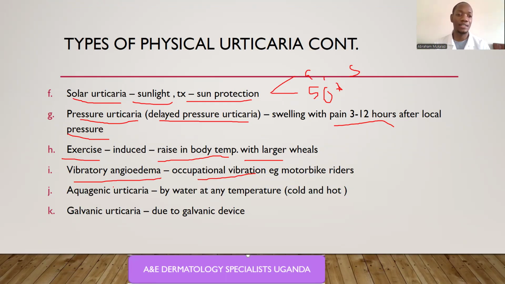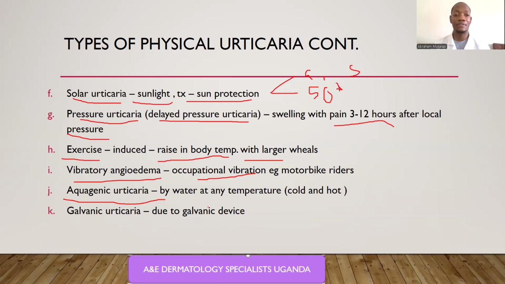Then for aquagenic urticaria, aqua means water. In this case, it is triggered by water at any temperature. So there is a difference between aquagenic pruritus and aquagenic urticaria. For aquagenic urticaria, the temperature of the water does not matter. That is different from aquagenic pruritus, which is for a particular temperature of water.